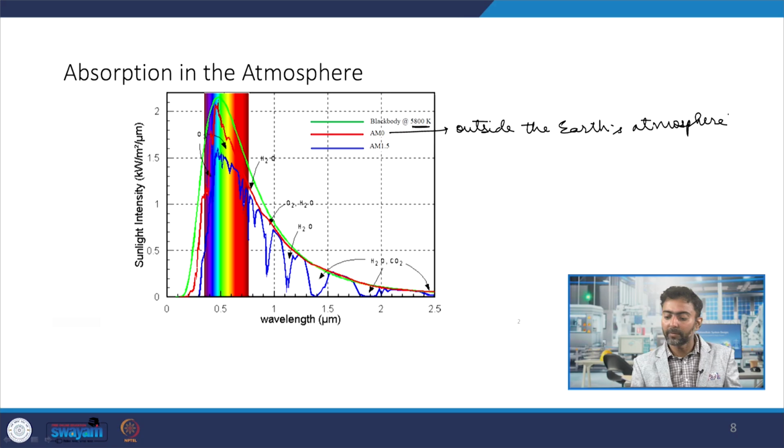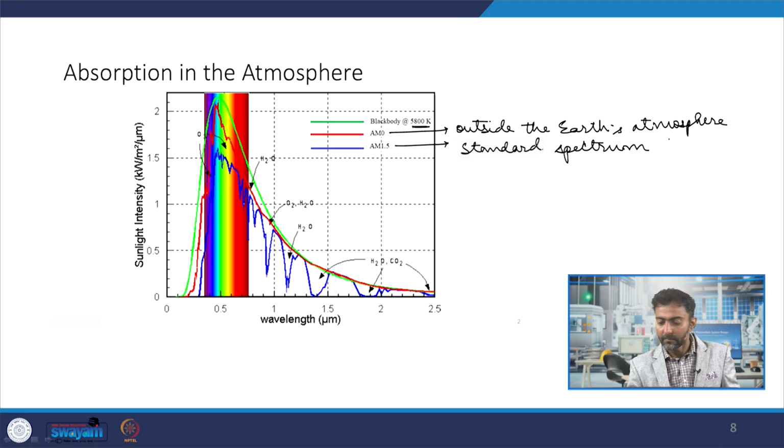So, the spectrum of sun outside the Earth's atmosphere is given by AM0, whereas AM1.5 is like the standard spectrum for solar PV applications on Earth.